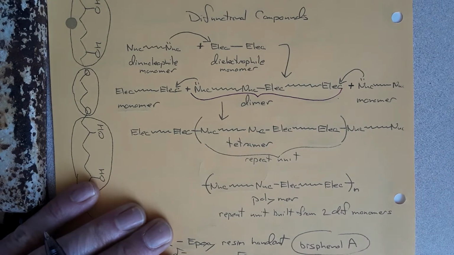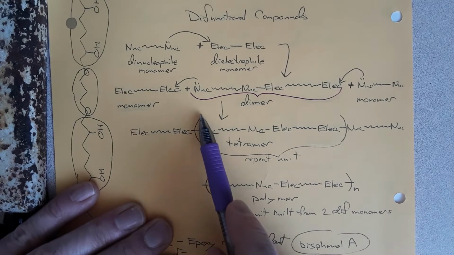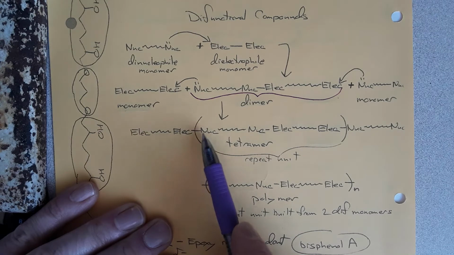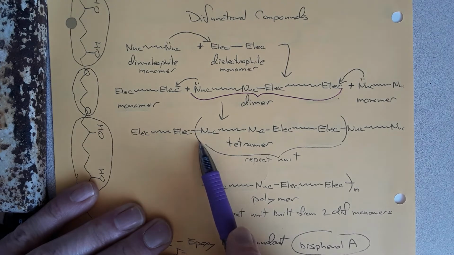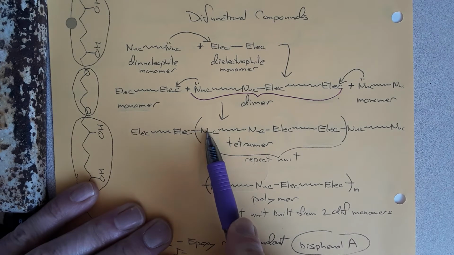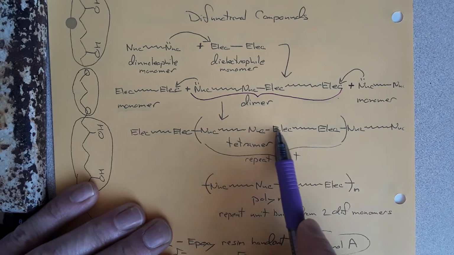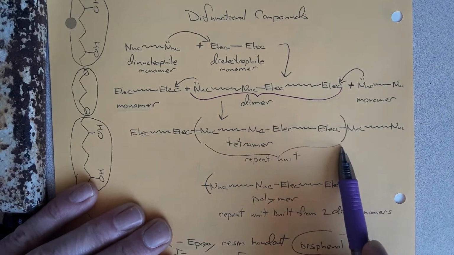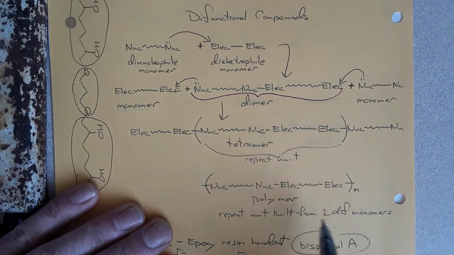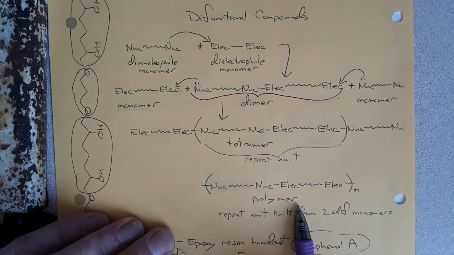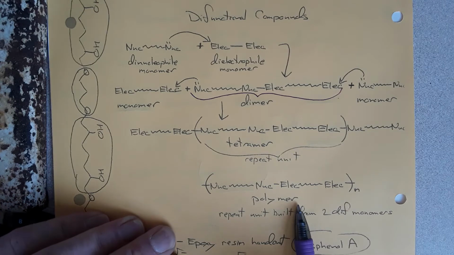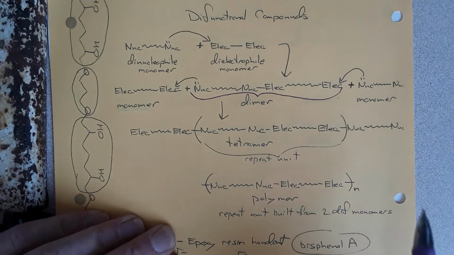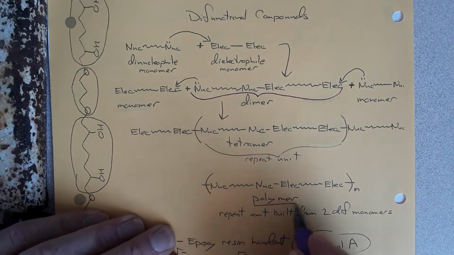And then we can again represent that as a polymer by putting parentheses around the repeat unit. So if we put the first parenthesis here, then we'd have this dinucleophile bonded to the dielectrophile, then it would start over again. So we put the parenthesis before where it would start over, and then we'll put the subscript n, and that would represent the polymer.